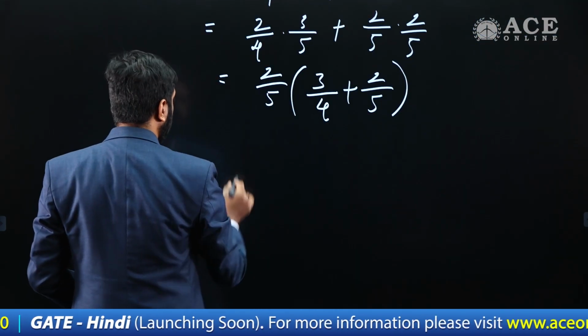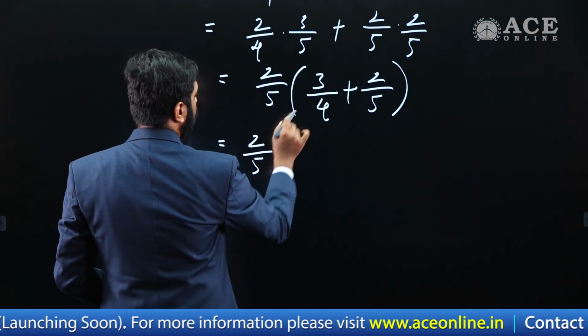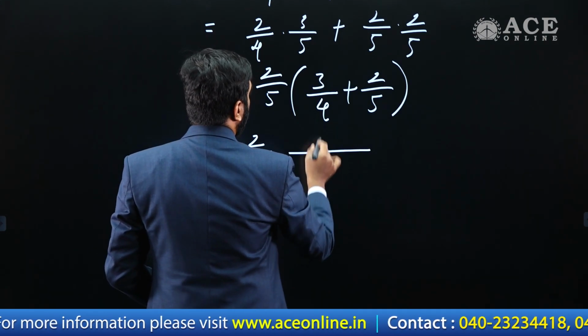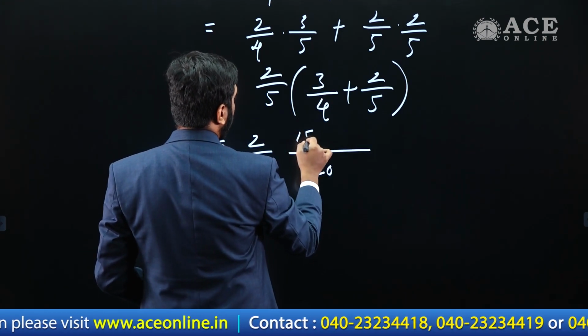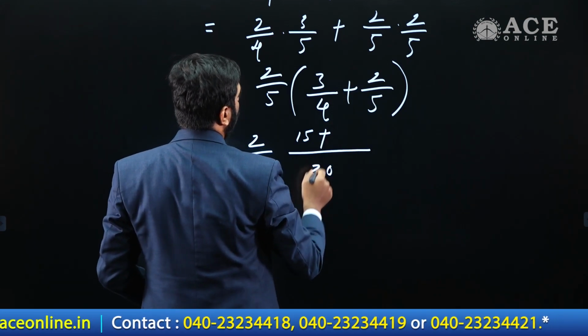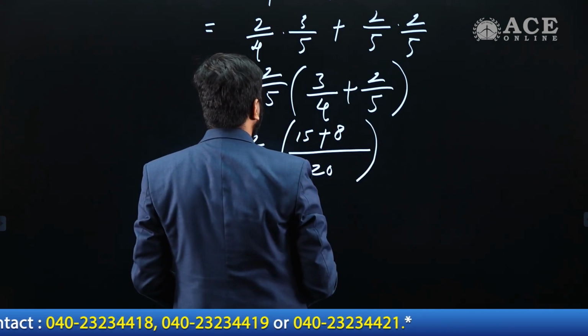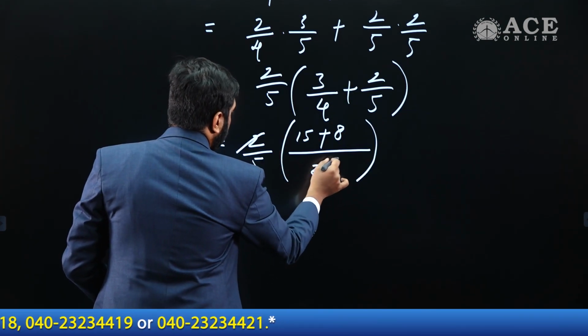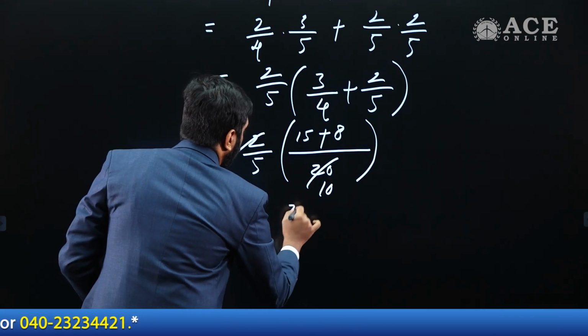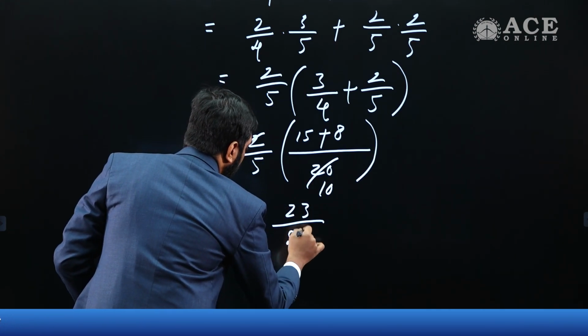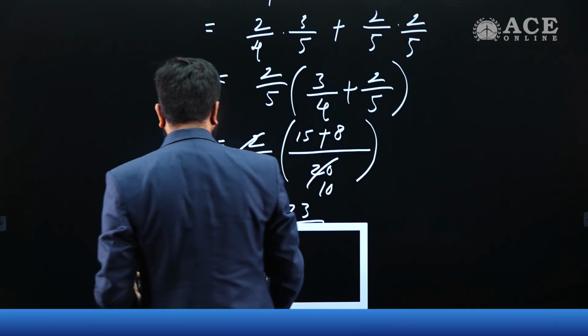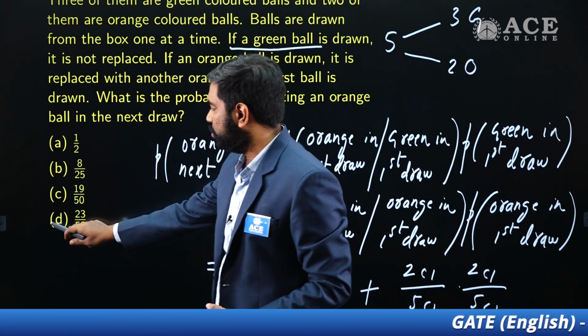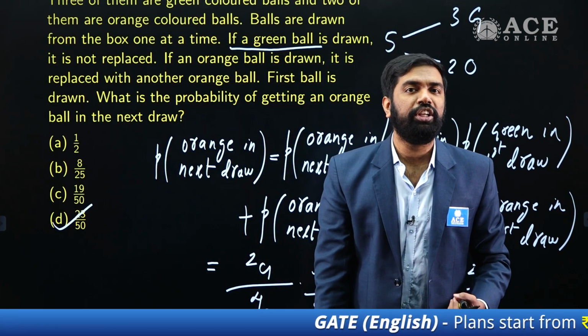The LCM here is 4 into 5, which is 20. So I'll multiply 5 here, so it's 15, plus I'll multiply 4 here, which is 8. You simplify this. So this cancels this by 10. So it's 23 by 50. So do we have such options? 23 by 50? Yes. So the answer for this question is 23 by 50.